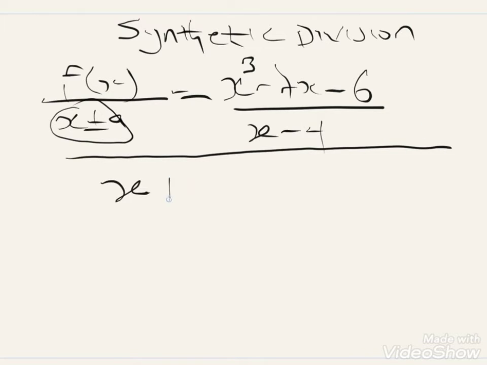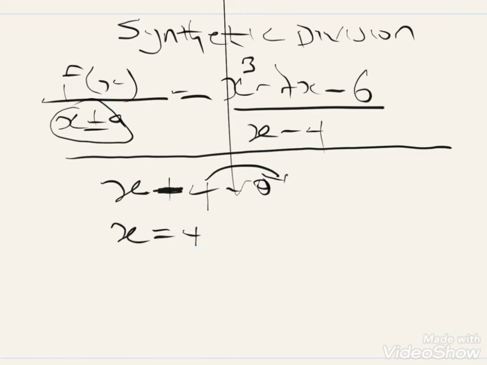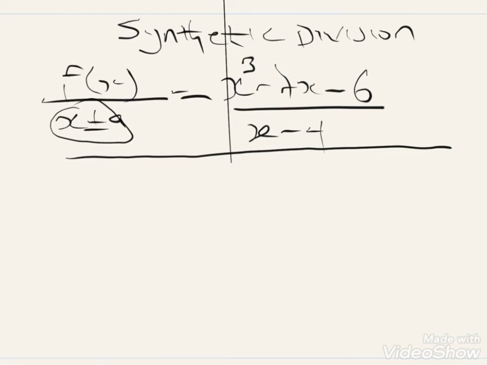Taking minus 4 to the right hand side, we have x equal to 4, okay? Now we use 4 as the number we can use to divide. So we write out 4 here, draw a line.